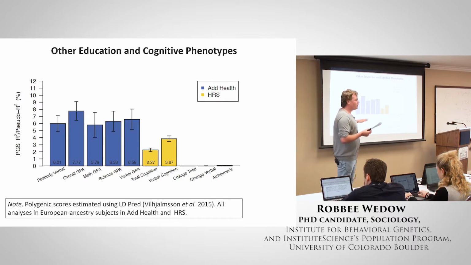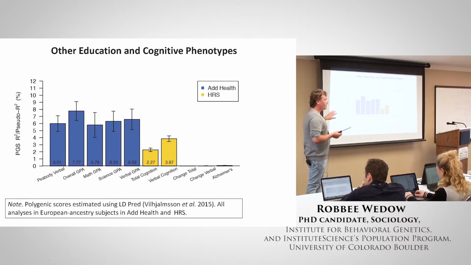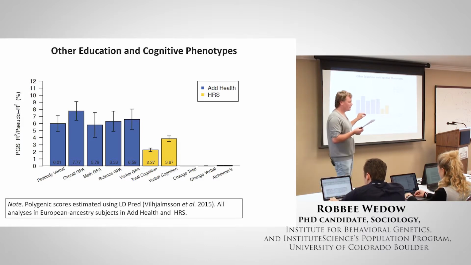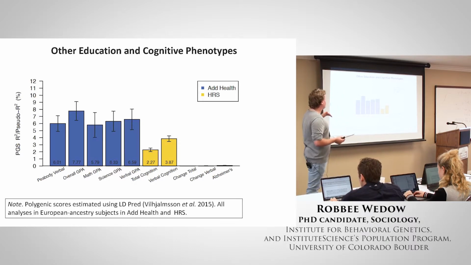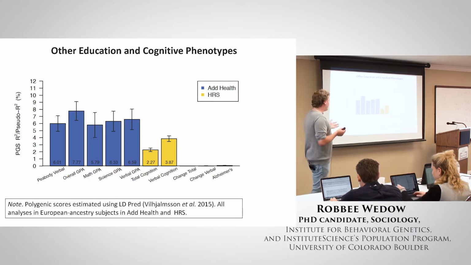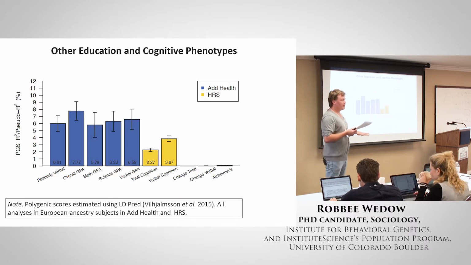So we were interested in all of these cognition phenotypes in the HRS data set. We see that the predictive power of the score is about 2.25% for total cognition and about 4% for verbal cognition, but we didn't find any significant associations with our wave-to-wave change measures or with Alzheimer's. This graph contains a lot of information, but the takeaway is that the score also explains a modest amount of the variation in some very crude measures of cognition and academic achievement.